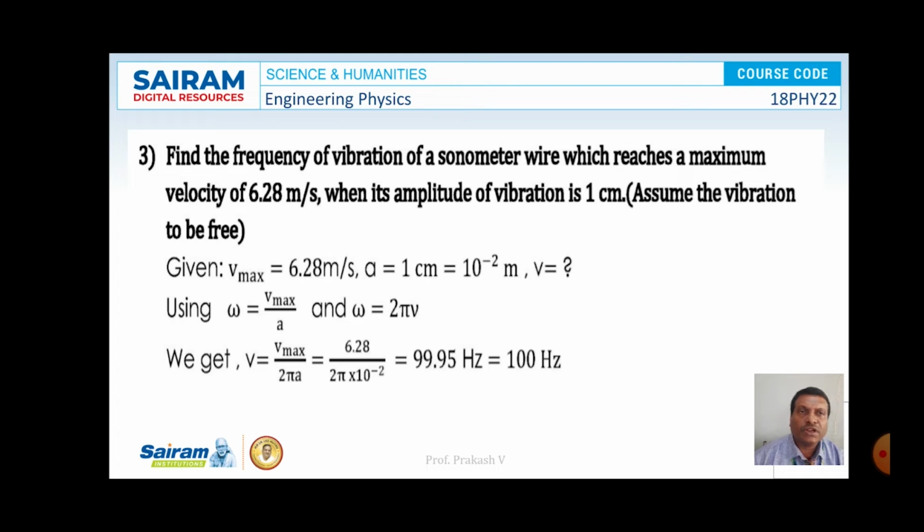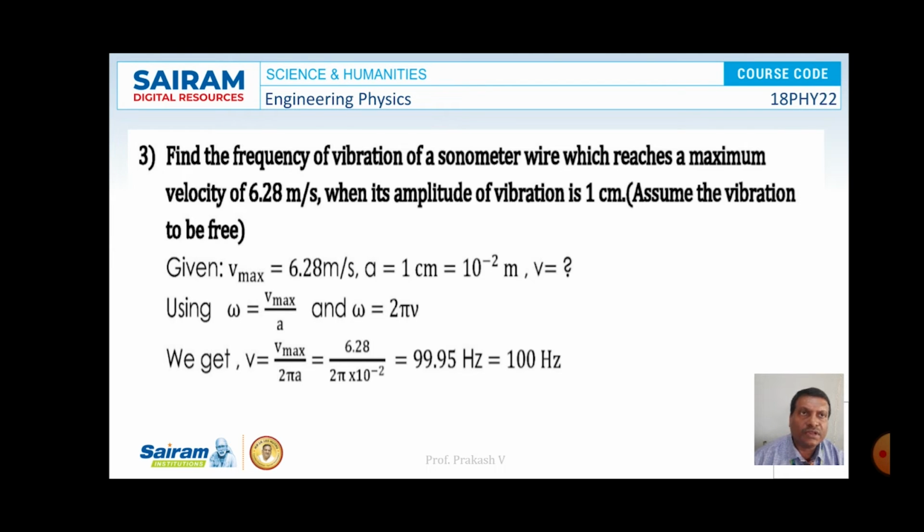So we know that omega is equal to V max by A, and further omega is equal to 2 pi mu. Therefore mu can be written as V max by 2 pi A. If you substitute the values of V max and A in the formula, the value of mu will be around 100 Hertz.